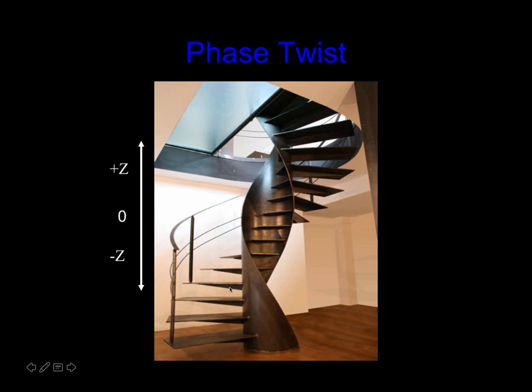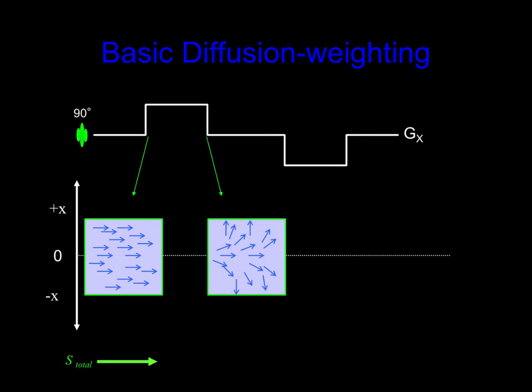So now that we've set up this spatial position, we let the molecules do their thing, have some time for diffusion, and then we put on an equal and opposite gradient. So now these that were precessing a little faster last time are going to precess a little slower, and vice versa.